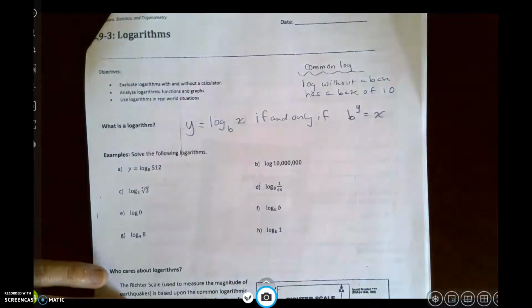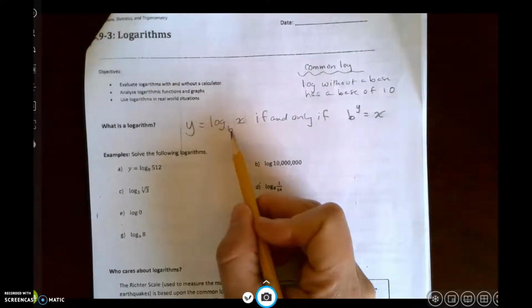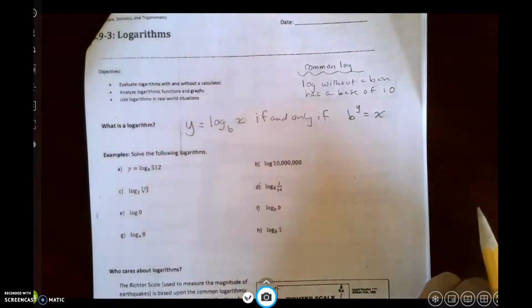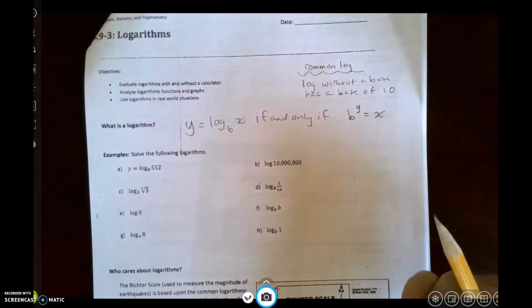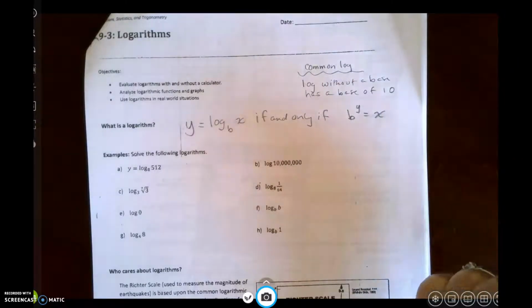So if you ever have a log and there's no base, they're like, wait, Miss Solozzi, there's nothing here. Well, that means 10 is the base. And when 10 is the base, a lot of times they don't write it in.